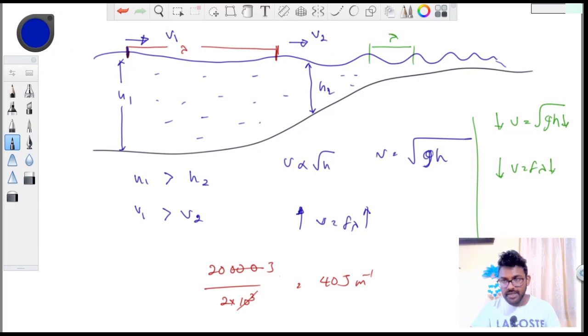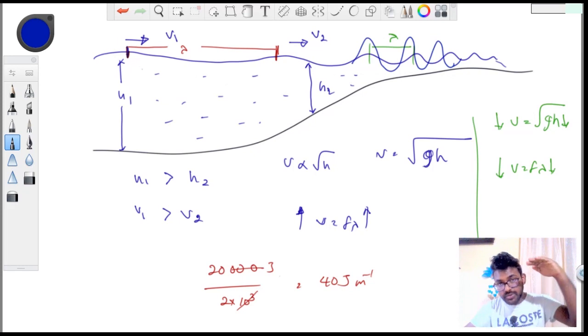energy, right? Once the energy gets concentrated to a shorter wavelength, the amplitude gets bigger. So you don't see a very huge wave of water in the deep sea. But once that wave reaches the coastal areas, depth reduces, velocity reduces, lambda reduces. So a large amount of energy is concentrated to a shorter wavelength, so the amplitude will be higher.